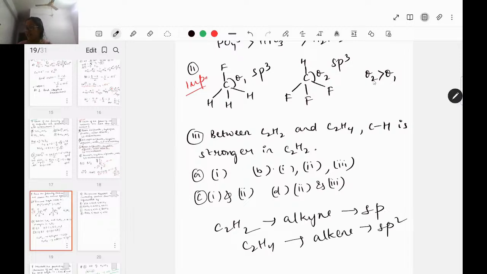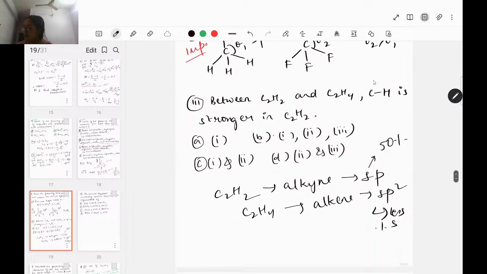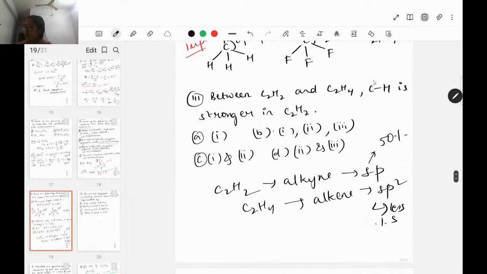Obviously in sp hybridization the percentage s character is 50%, but in sp2 the percentage s character is less as compared to sp. And as a result, higher the percentage s character, higher is the bond strength. So the CH bond is stronger in C2H2 because it is sp hybridized.